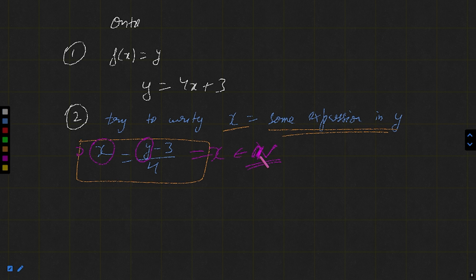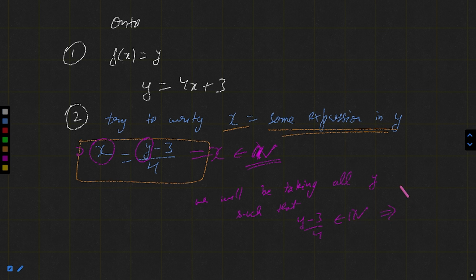As you can see, we will be taking all y such that (y minus 3) by 4 belongs to the natural numbers.